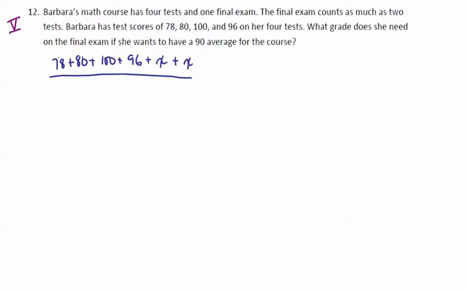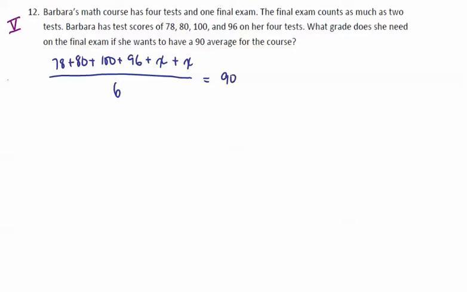So we're going to add up all those scores, including the placeholders for the missing final exam. We're going to divide by 6 because we essentially have 6 scores, not just 4 or 5. So we're going to include the final exam as if it were 2 tests. And we want the average to come out to be 90.